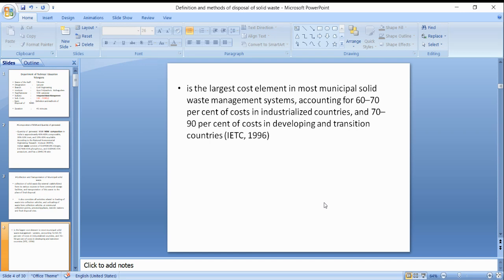So the cost for the municipal waste is also 60 to 70% for the industrial countries, and 70 to 90% for the developing transition countries. So this much cost is to be put into waste management also. For the waste also, we are spending that much, the largest cost, for the industrial countries.